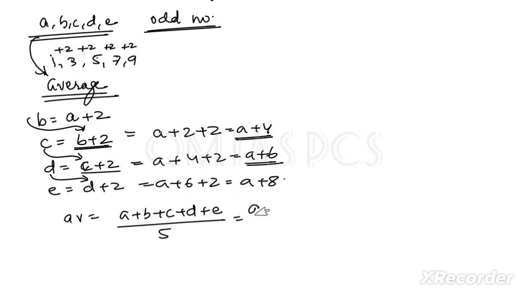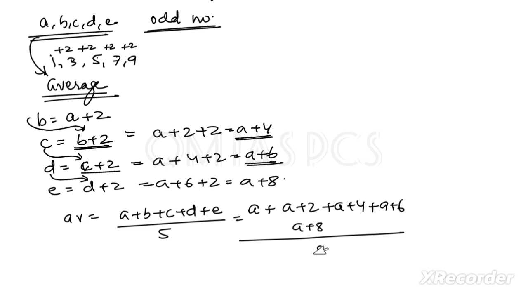So A is A, B is A plus 2, C is A plus 4, D is A plus 6 and E is A plus 8, divided by 5. How many A are there? 1, 2, 3, 4, 5, so 5 A's, plus 2 plus 4 is 6, 6 plus 6 is 12, 12 plus 8 is 20, so 20 by 5.